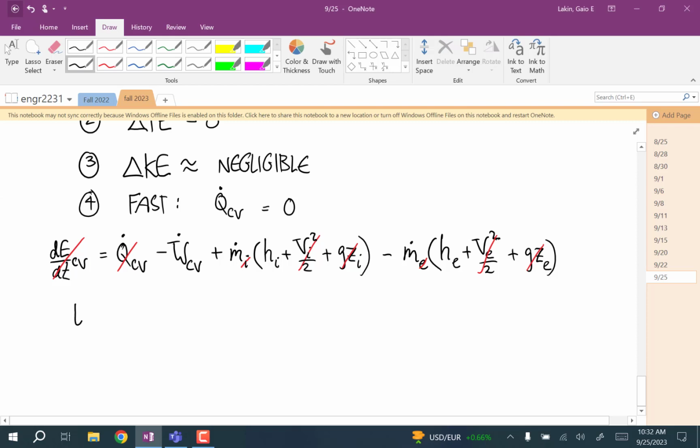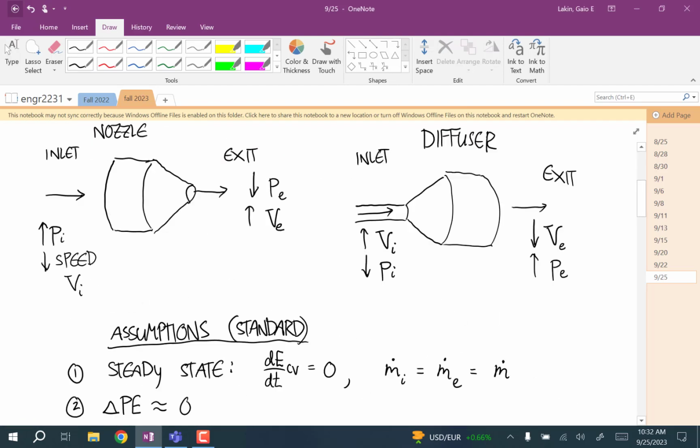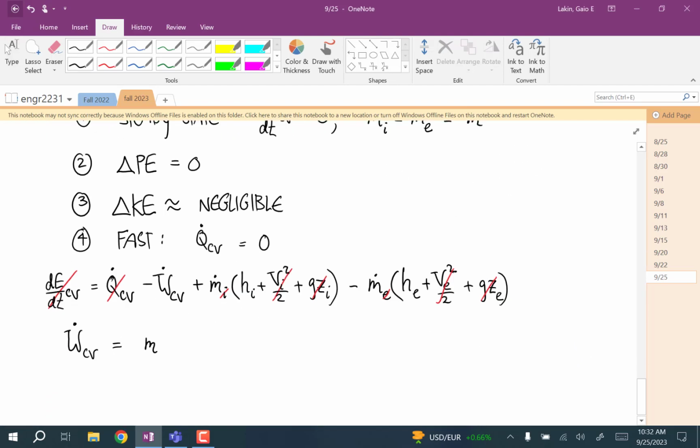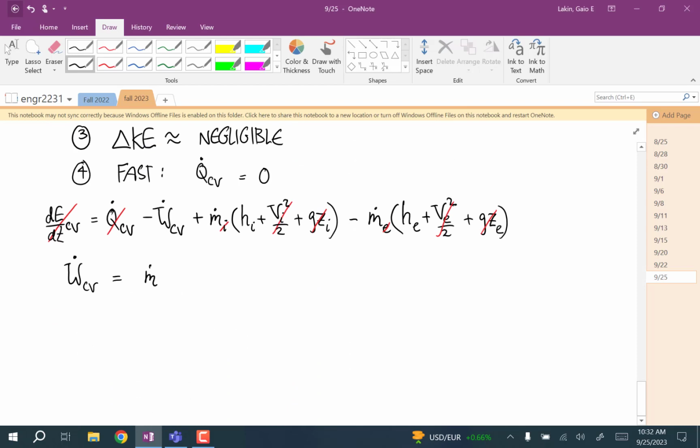I guess let's put it into W dot for the control volume is equal to m dot times the quantity enthalpy at the inlet minus enthalpy at the exit.